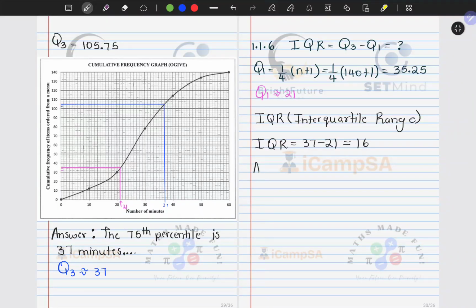So we can therefore say our answer, our IQR, the interquartile range, is 16 minutes. So that is what we have. I hope that this does make sense to you guys and you actually understand.